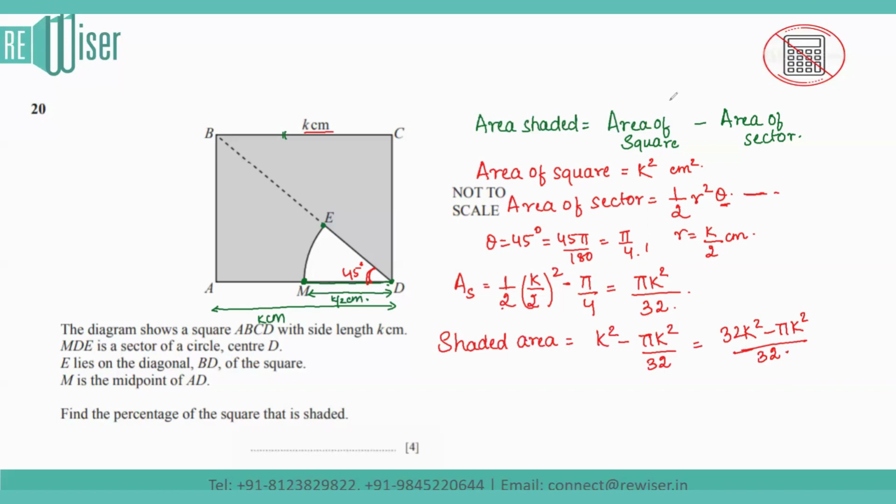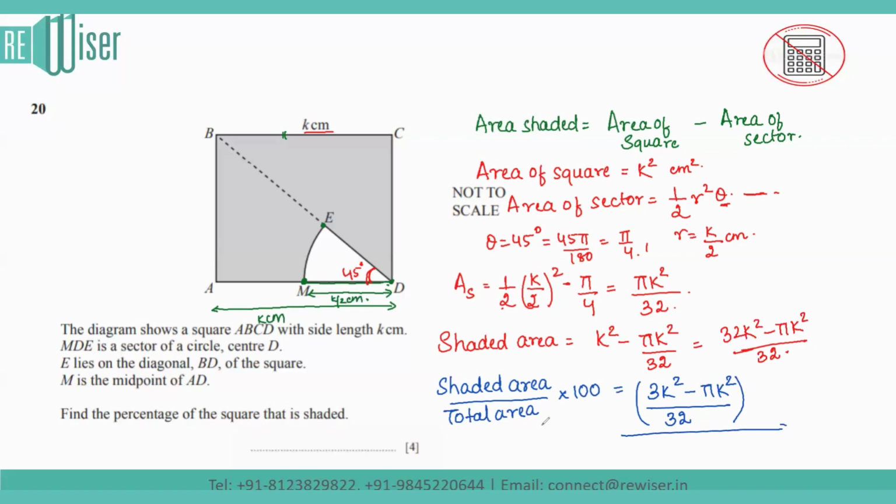The percentage is nothing but the shaded area divided by the total area of the square, multiplied by 100. Here, the shaded area is 32k square minus pi k square divided by 32, which is divided by the total area of the square, which is k square.